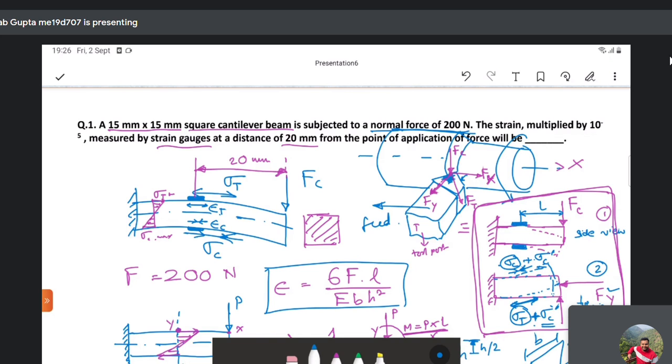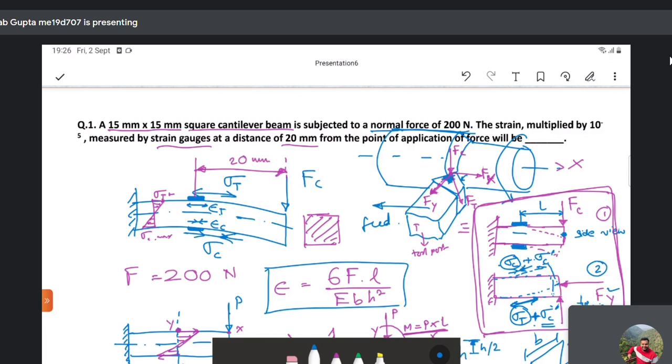To measure FC, your two strain gauges will be placed like this. To measure Fx, that is in the transverse direction, if we try to draw in the first figure, it will be perpendicular to the plane somewhere at the point where I am pointing right now, this blue point.